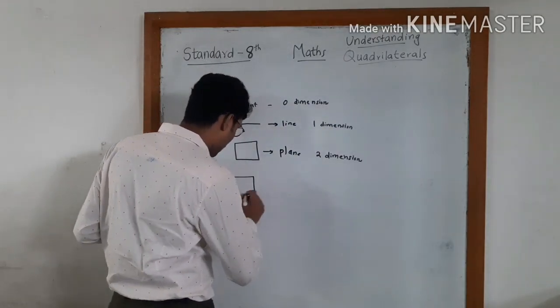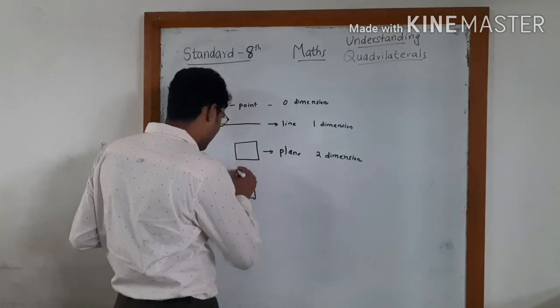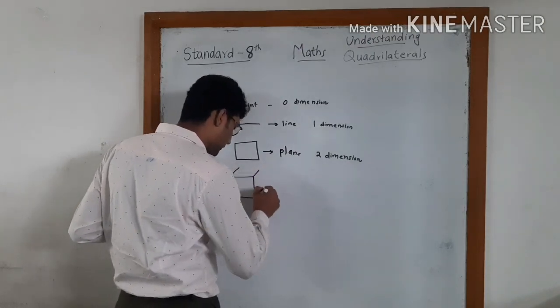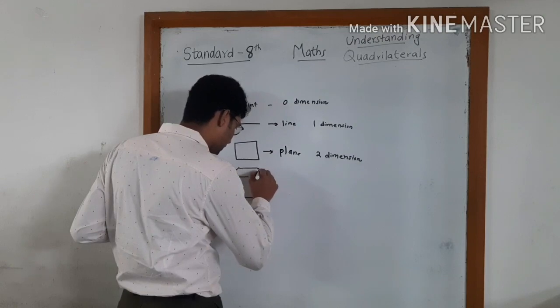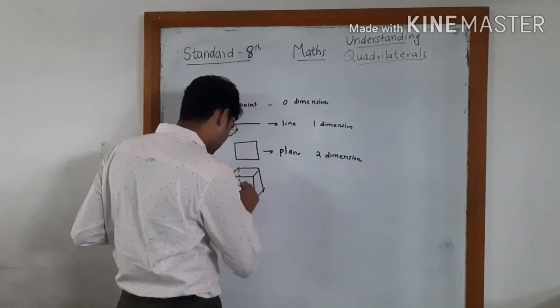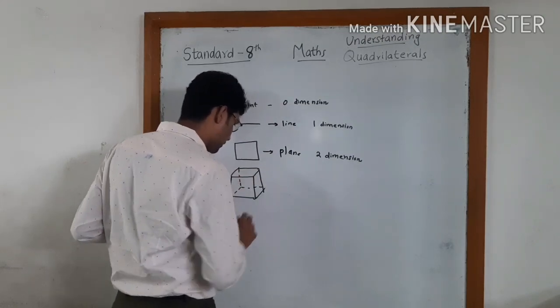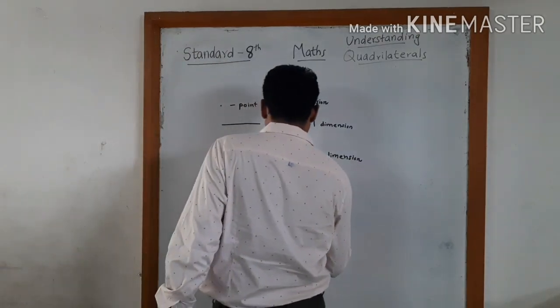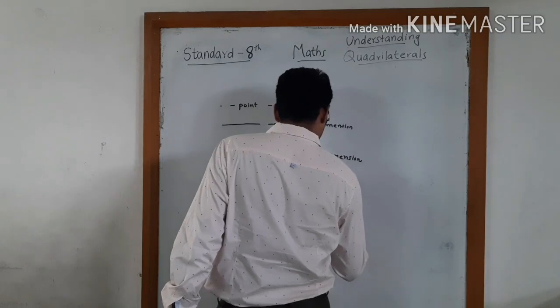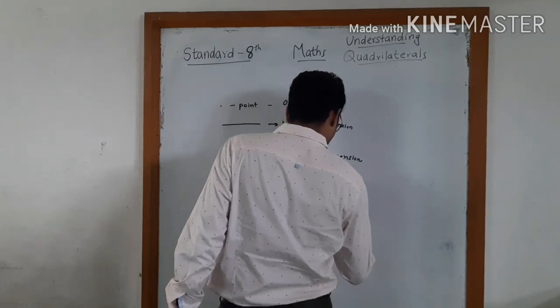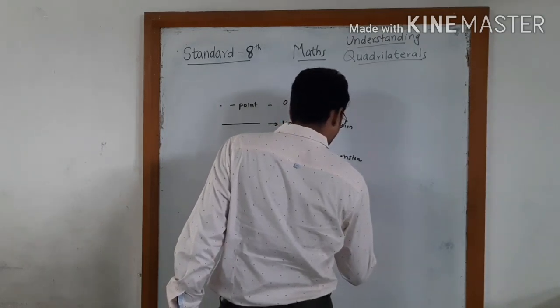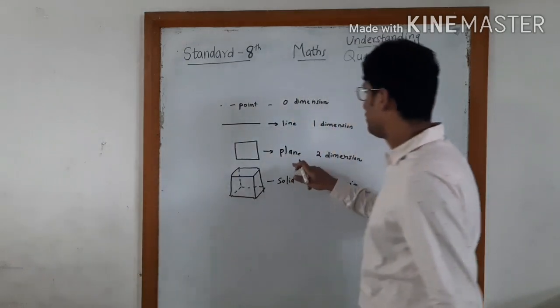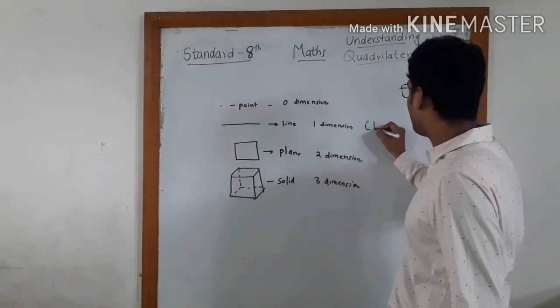So in geometry, we draw it like this. Right? So this is a solid. It has 3 dimensions. So a line has 1 dimension, that is length.